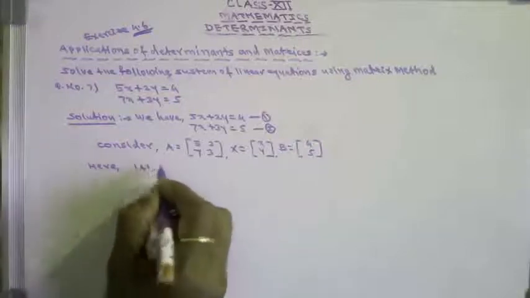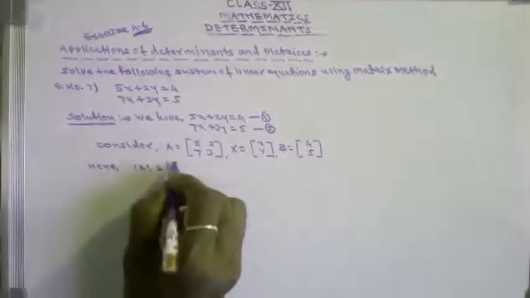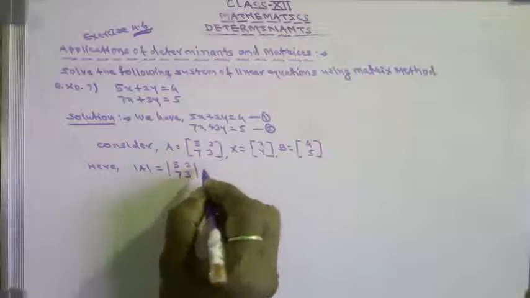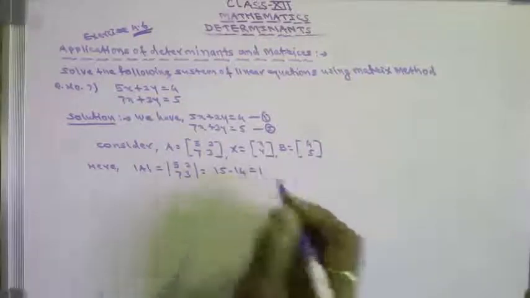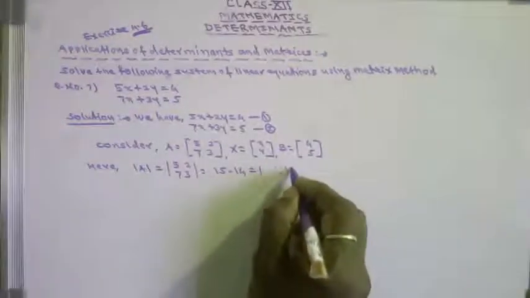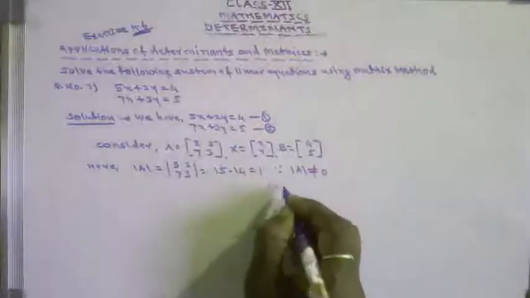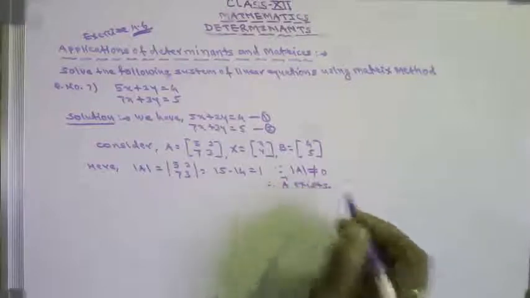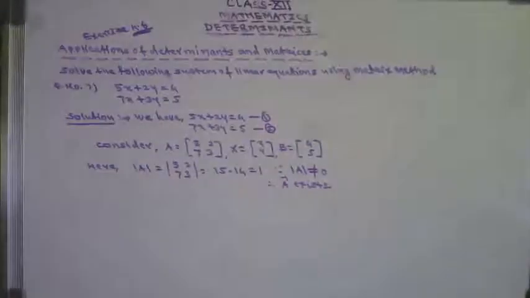First of all, find the determinant of A. Determinant of A is 5 times 3 minus 2 times 7, that is 15 minus 14, which is 1. Since determinant of A is not equal to 0, therefore A inverse exists. Now go for the solutions.